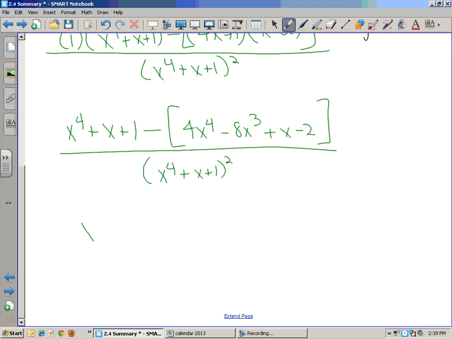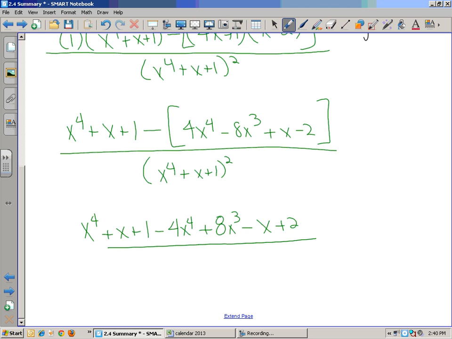And now I want to simplify. x to the fourth plus x plus 1 minus 4x to the fourth plus 8x cubed minus x plus 2. And now combining like terms. And remember, this is really going to give me the derivative of my original function.